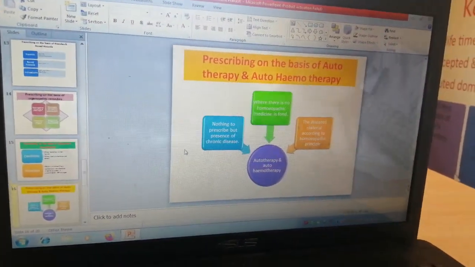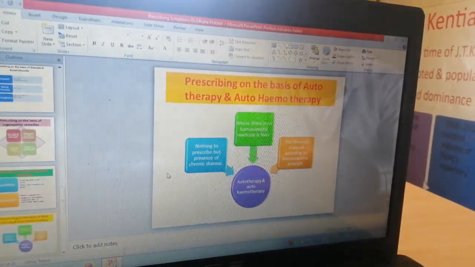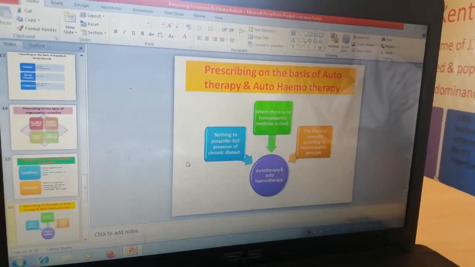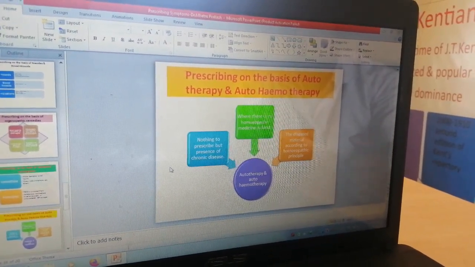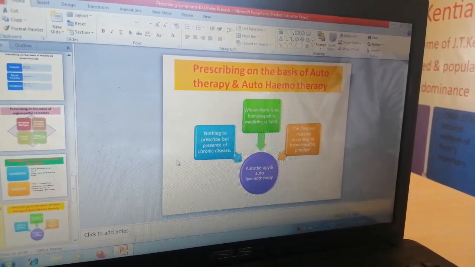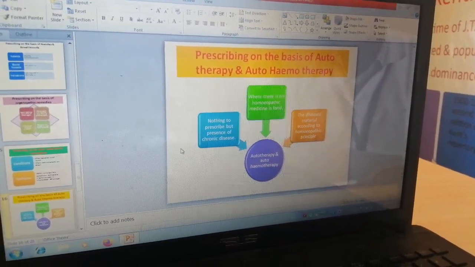Next type is prescription on the basis of autotherapy and autohemotherapy. The first point is when there is nothing to prescribe in the case, but the patient is suffering from a chronic disease, then we have to prescribe on the basis of autotherapy.